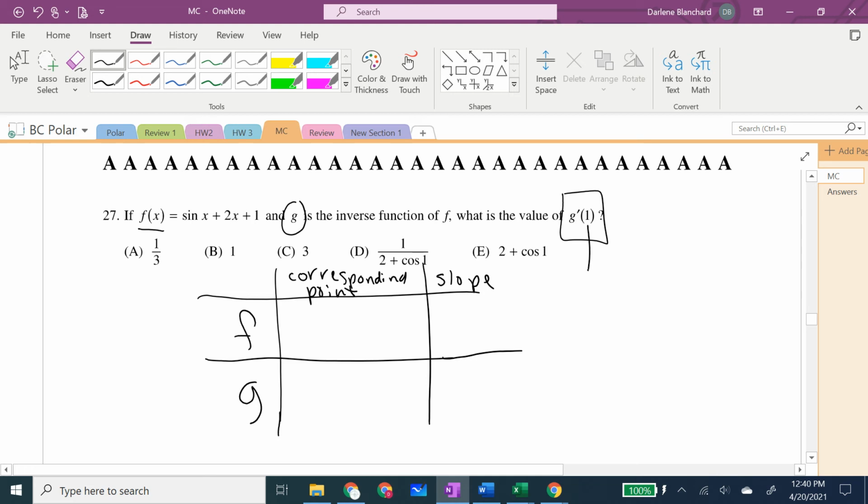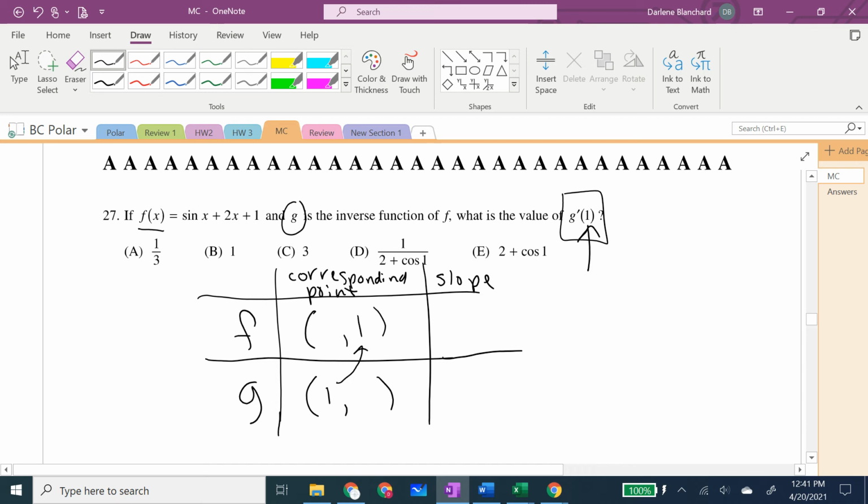Now, I'm going to first look at, it wants to know the derivative of g when g's x is equal to 1. Then I want to realize that the corresponding point on f has y coordinate 1.